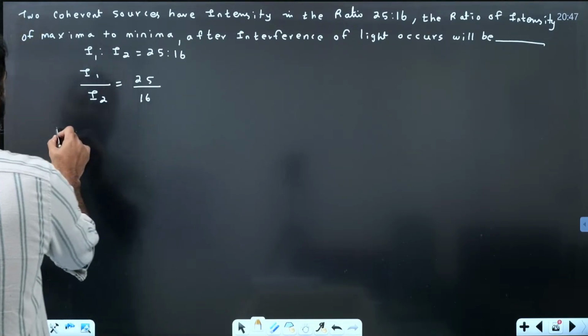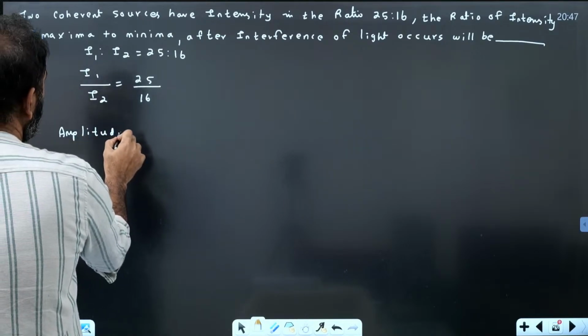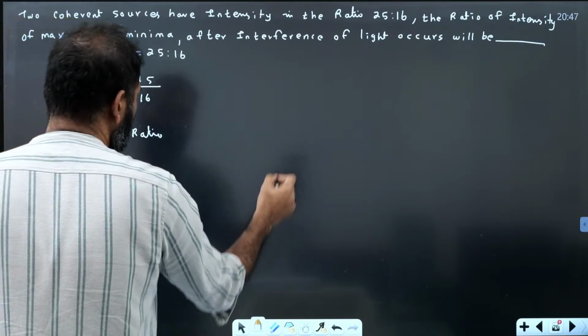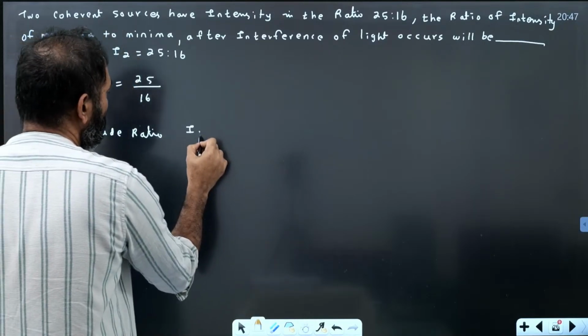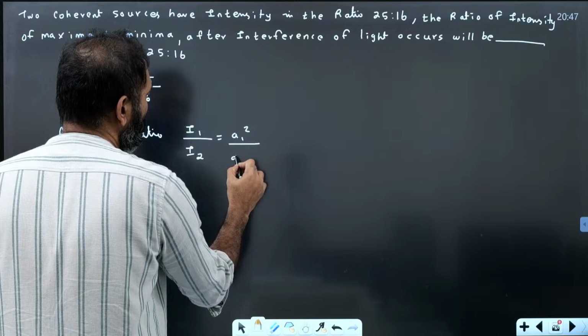Now the amplitude ratio will be what? First of all we should know the connection. I1 by I2 is equal to A1 square by A2 square.